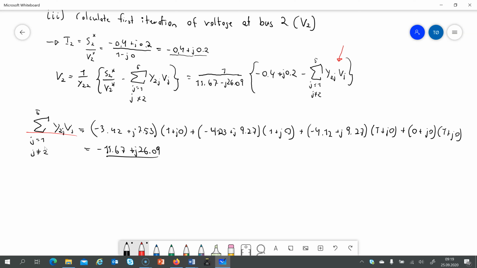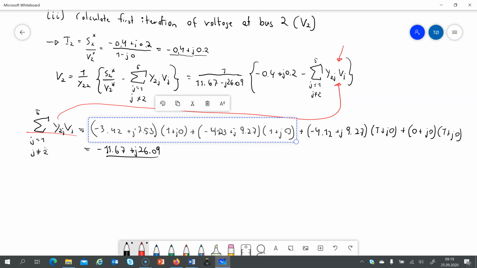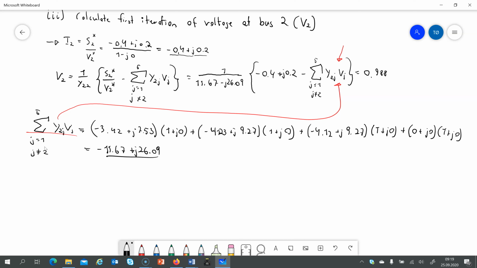So this needs to come in here. And if we do that, we get something like 0.988, the first iteration of voltage.